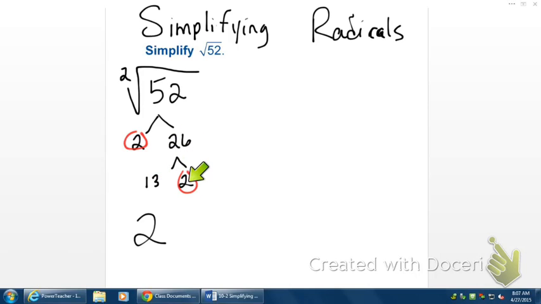The only numbers you should be looking at are 2, 13, and 2, because they are the end of the roots. It's not branched off to anything else. So the only number that we have left is 13, right? Well, that stays inside the radical, and you're done.